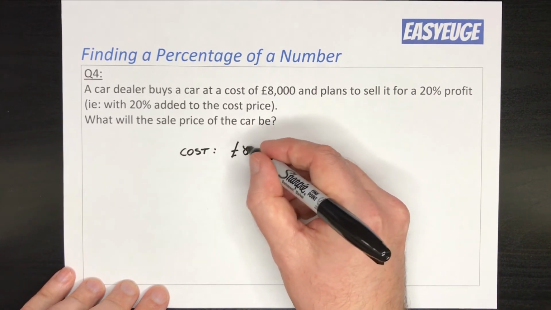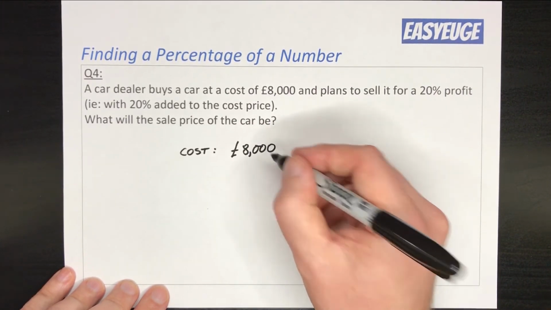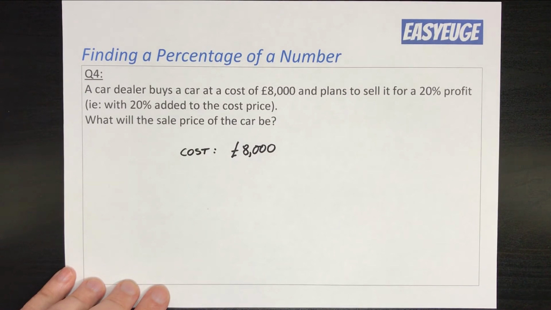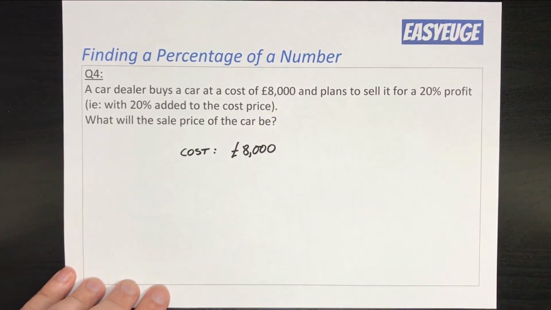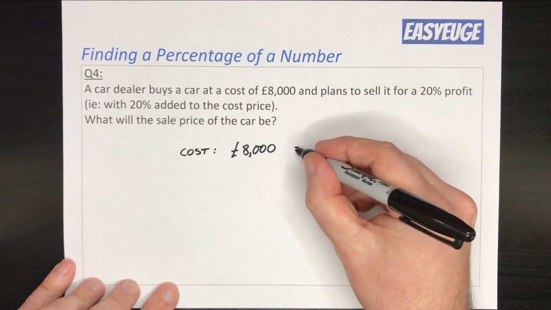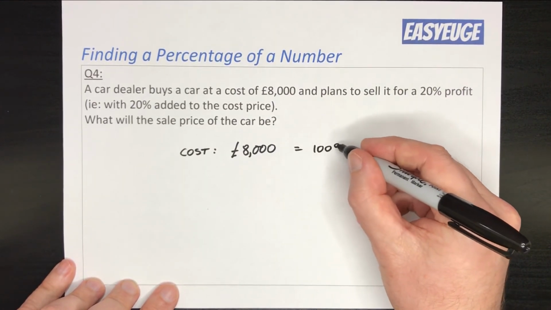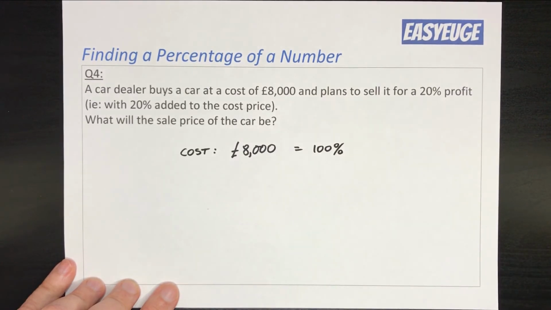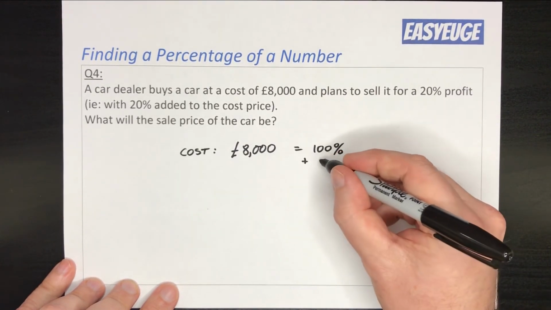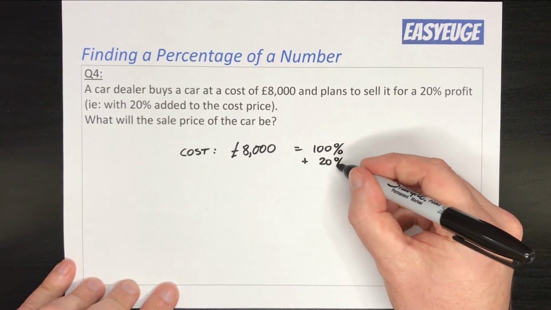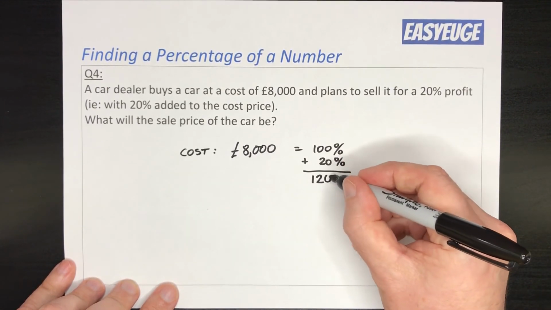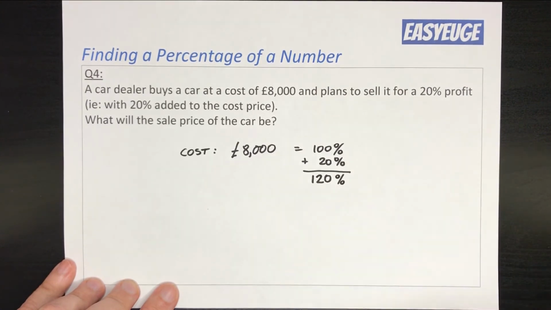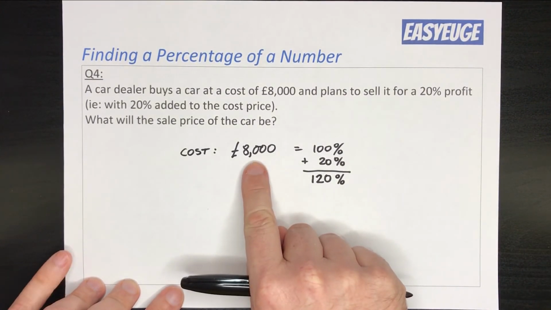We know the cost of the car is 8,000. And the car dealer wants to add on 20% and sell it. So that 8,000, that is 100% of the cost. And the car dealer wants to add on 20% onto that. That's the profit. So we are wanting to work out what is 120% of the cost price.